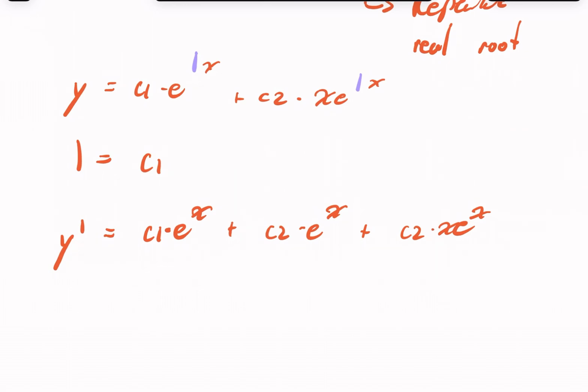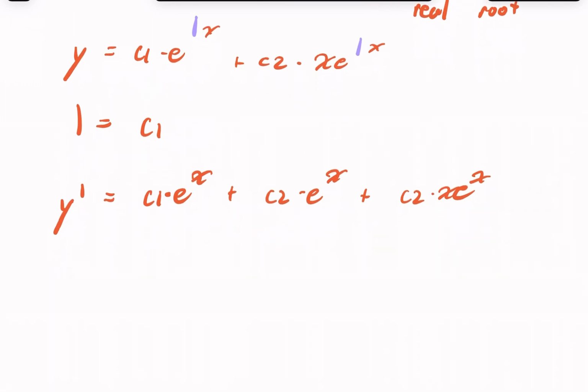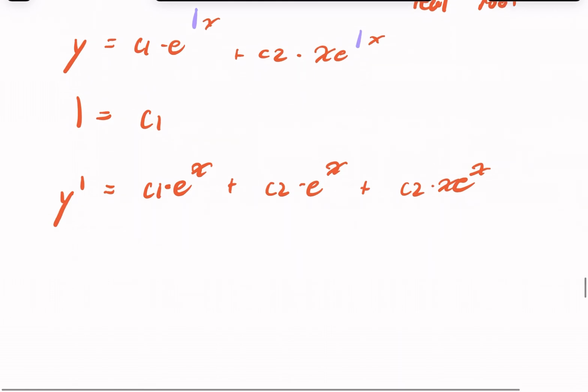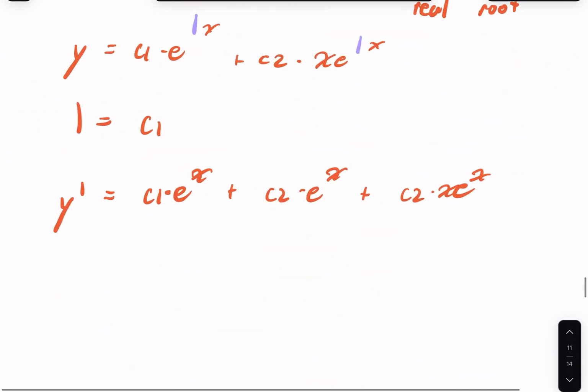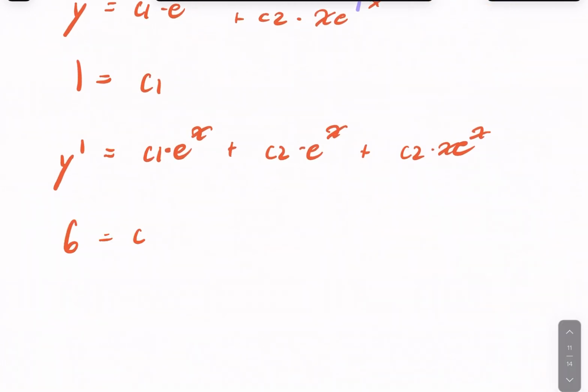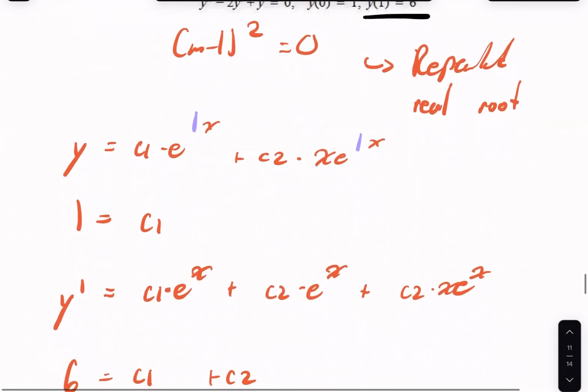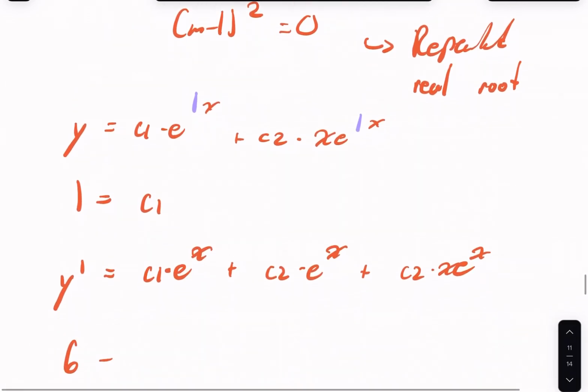Cool? Okay. So yeah, we'll just keep going from there. So now we're going to plug in the initial conditions. So we get 6 equals c1 plus c2. And this is at 0. Oh, no, this is at 1. My bad. Gotta be careful.